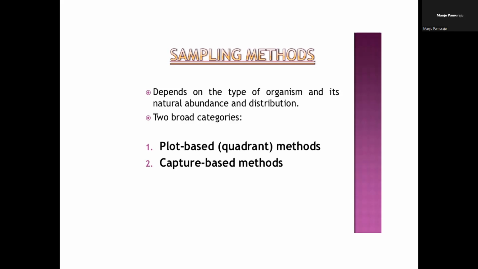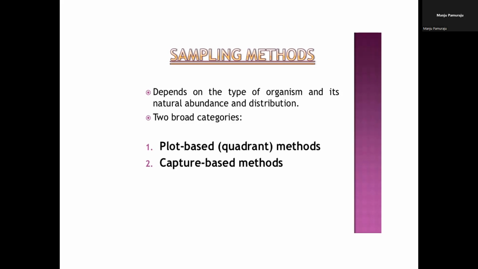In this method we take small plots in a particular area and count the abundant species, the plants present there.